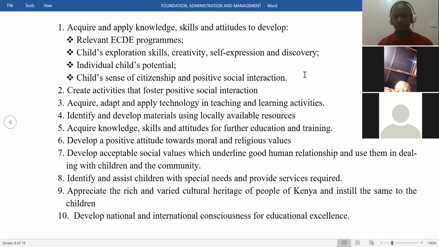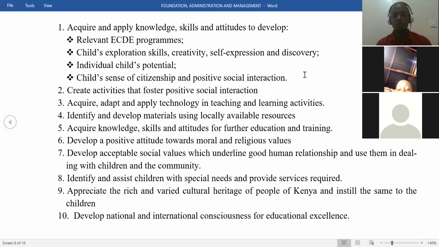Number 4. Identify and develop materials using locally available materials. Yes, identify and develop materials using locally available materials. You should not all the time be buying, be buying what?